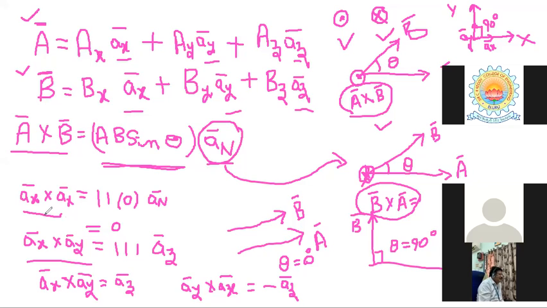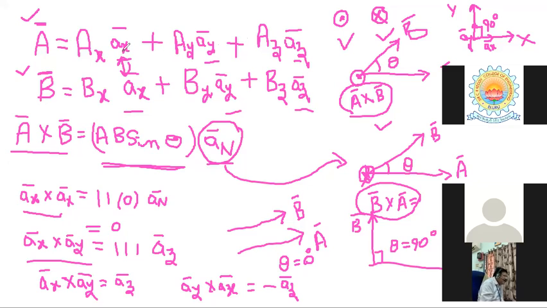Okay, so here I will tell you all cross products between different vectors. The cross product between ax bar and ax bar is equal to 0. The cross product between ay bar and ay bar is 0. The cross product between az bar and az bar is equal to 0.